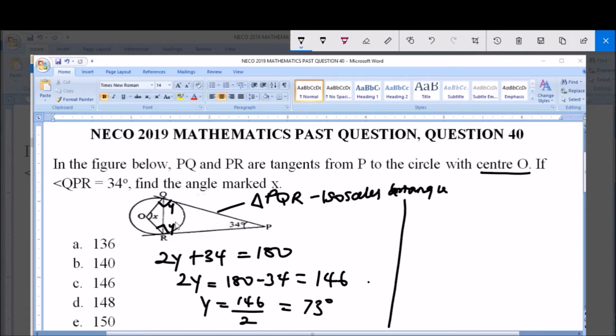Now remember I told you that wherever a radius meets a tangent, a right angle is formed, which is 90 degrees.